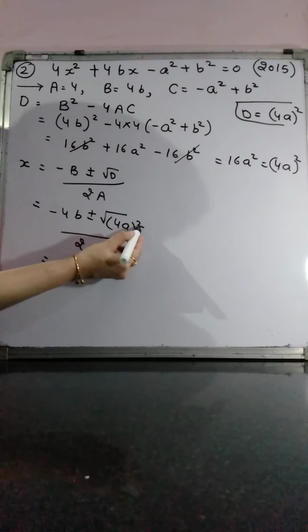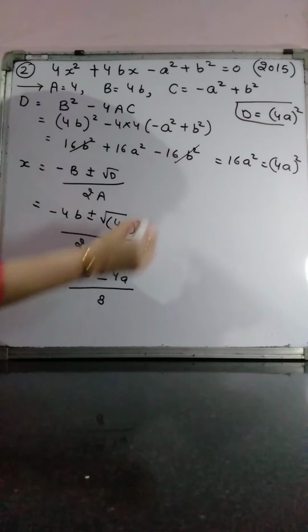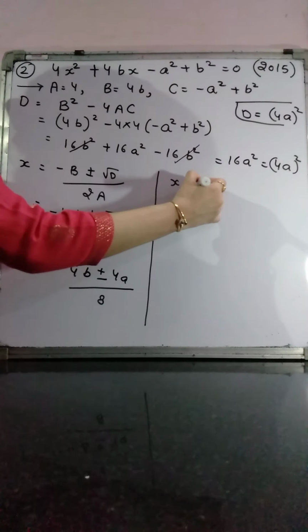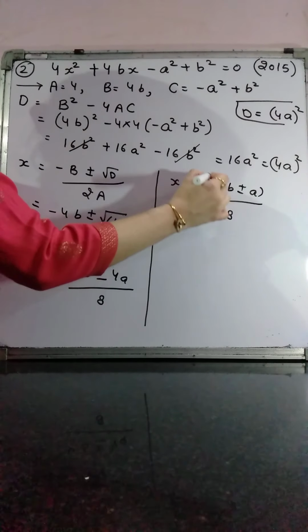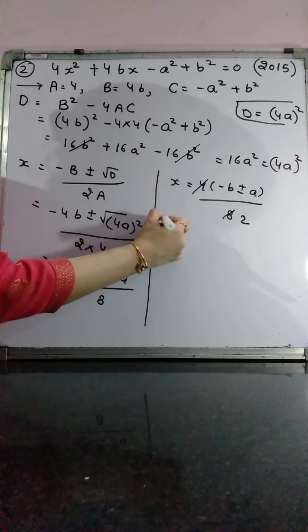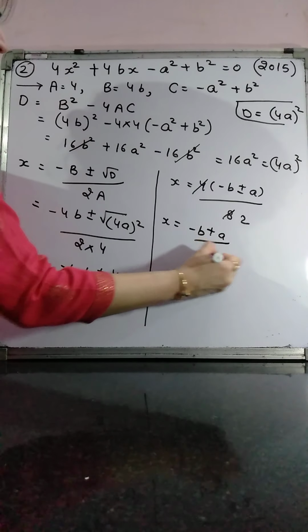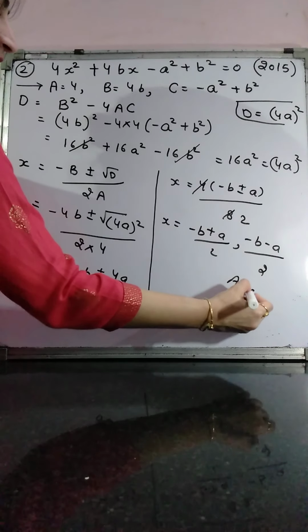Under root and square cancel out each other. Now take 4 common, cancel out, 4 twos are 8, take plus, then minus. These are your answers.